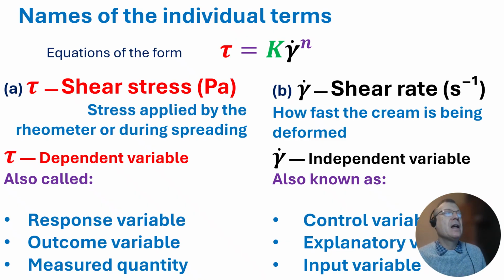We can think of this as our independent variable that we can change, and we will actually set the machine to produce different shear rates, and we will then measure the shear stress. So this is how we're actually taking our measurements and getting values out of the instrument.